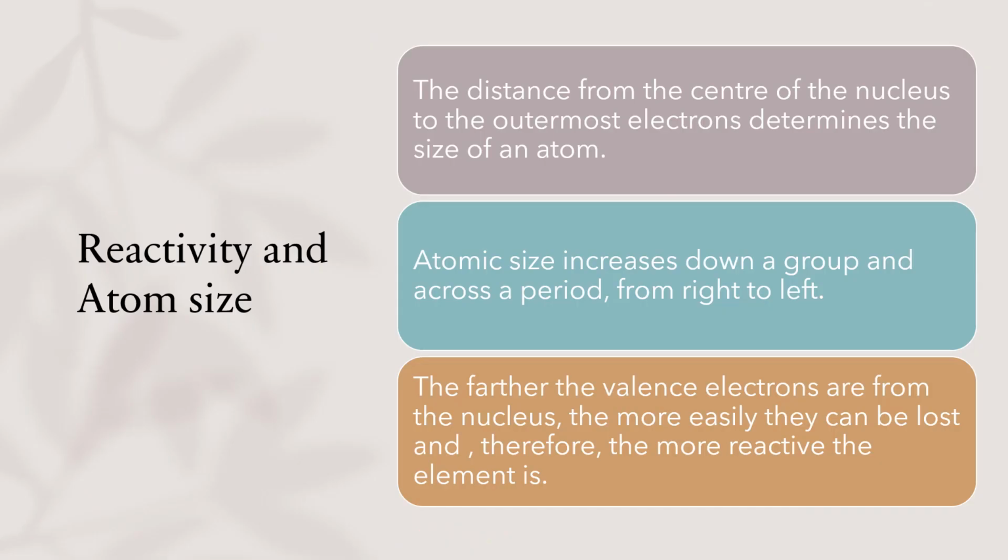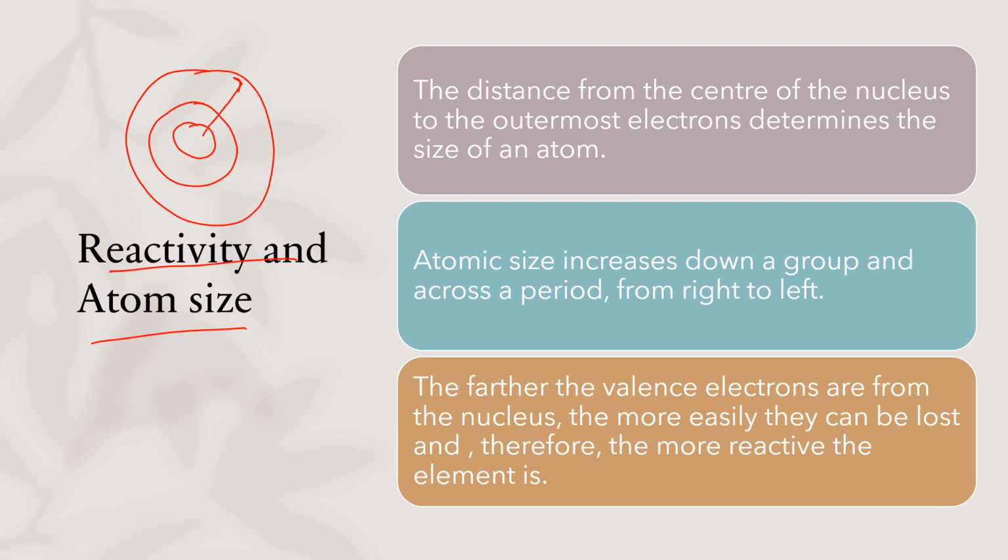Reactivity and atomic size. The distance from the center of the nucleus to the outermost electrons is the size of the atom. As you go down a group in the periodic table, the elements have valence electrons that occupy higher and higher energy levels.